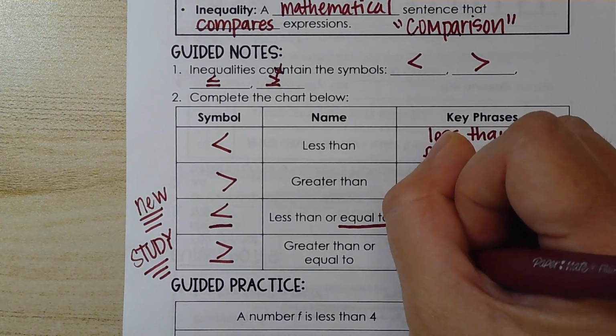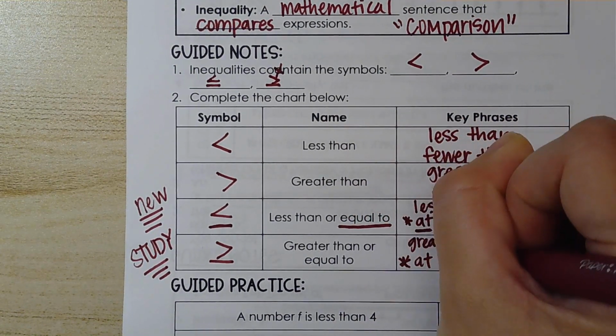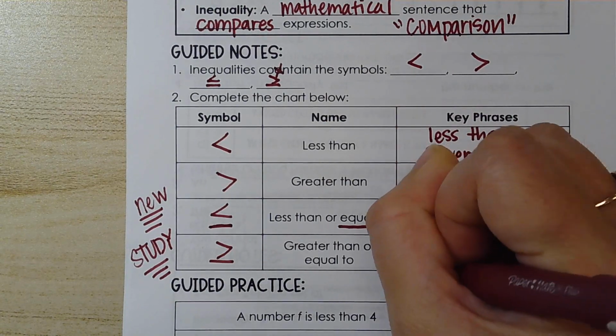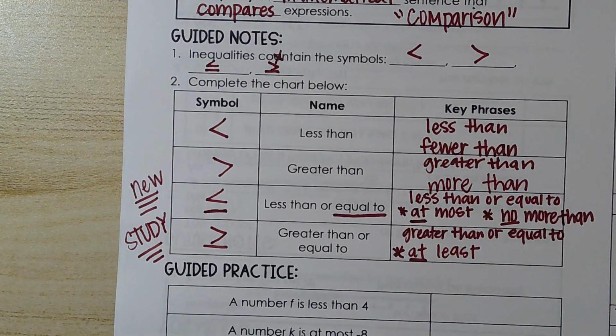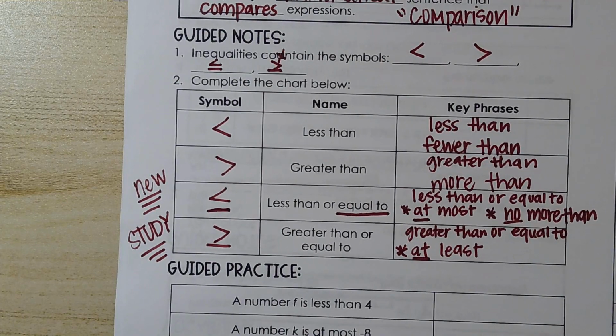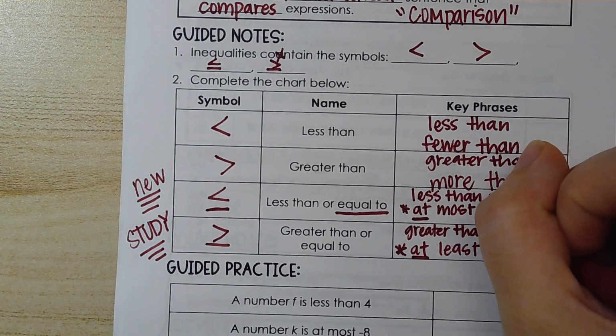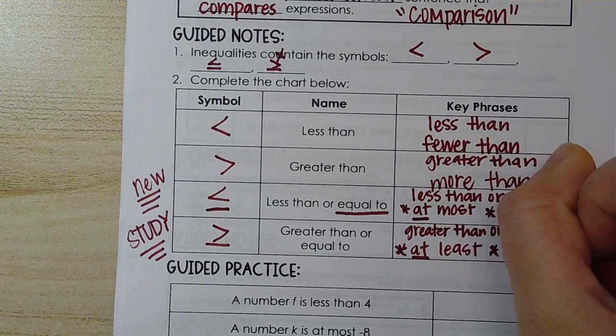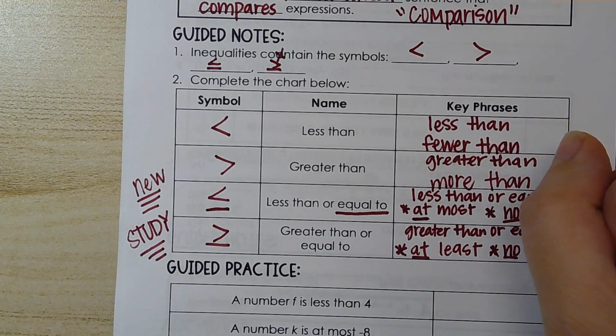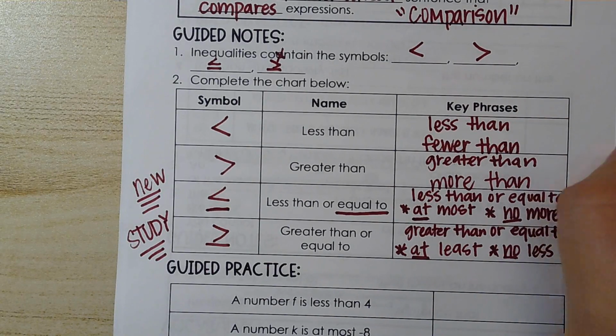Putting a star by it, it's going to be at least, because the word at, that's what you need to pay attention to. At least means greater than or equal to. And then my next star, we're going to say no less than. That also means greater than or equal to.